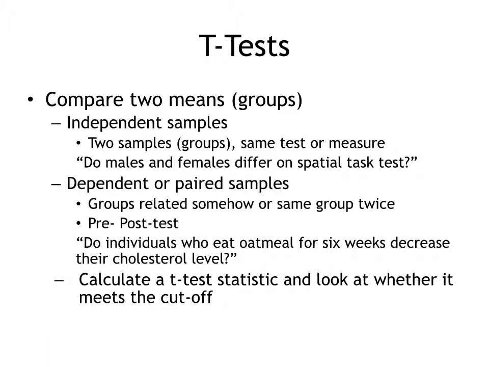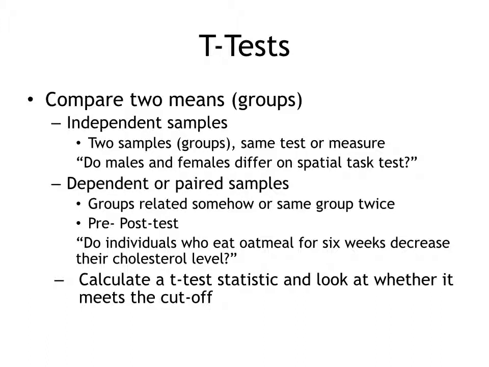Dependent or paired samples, though, are different. That means the groups are related somehow, or we're using the same group twice. So if it's a dependent or paired samples, it means that maybe there's a pre and post test. That's the most common way that you'll see this done. And so you've got a pre-test, and then you say, do individuals who eat oatmeal for 6 weeks decrease their cholesterol level?